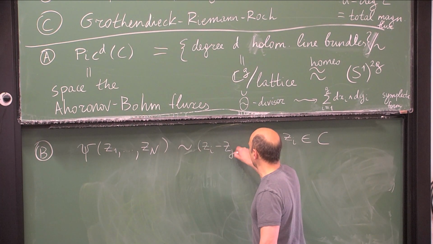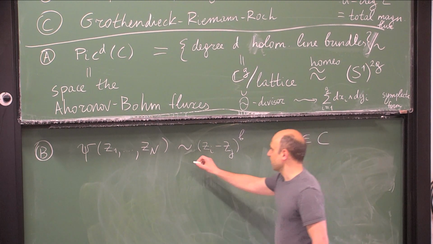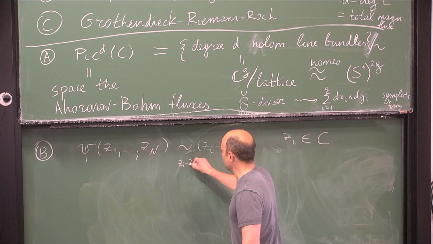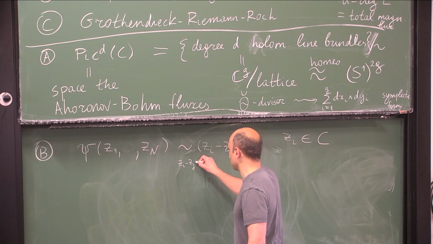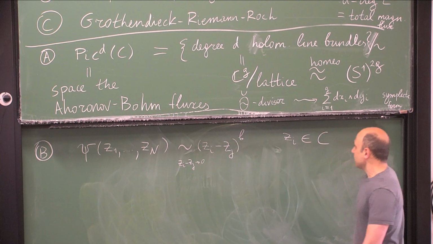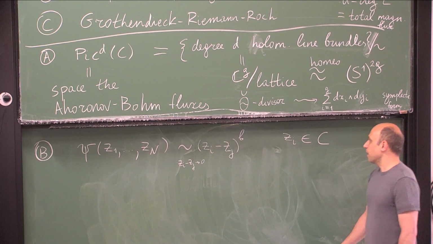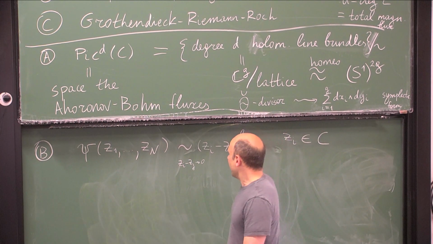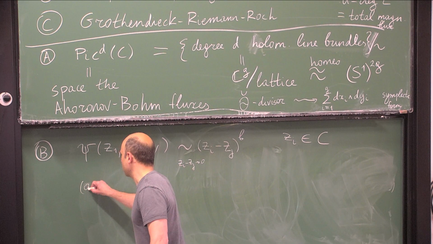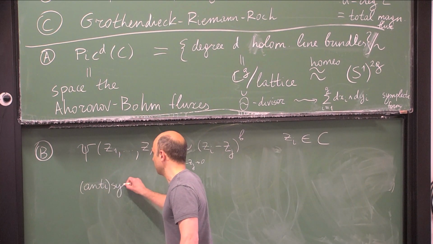It has a zero of order at least b as z_i minus z_j as two particles collide. And it is symmetric or antisymmetric. Well, usually b is odd and then it's antisymmetric.